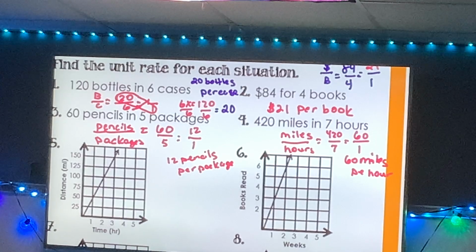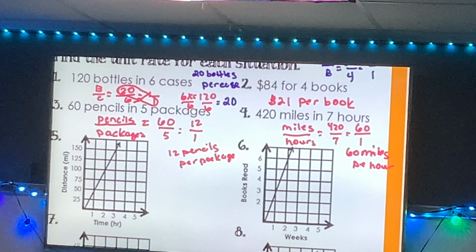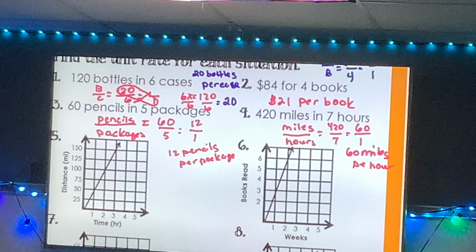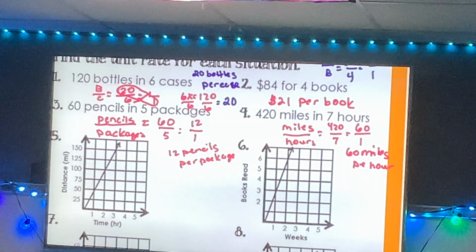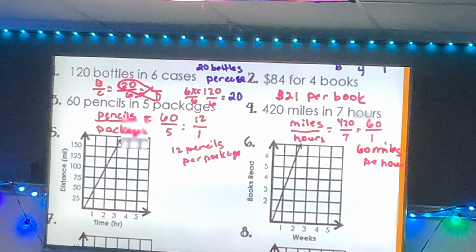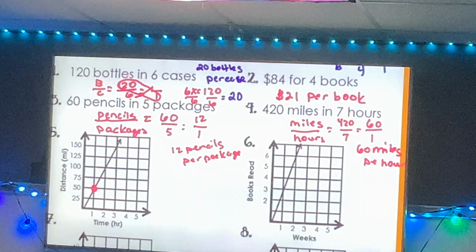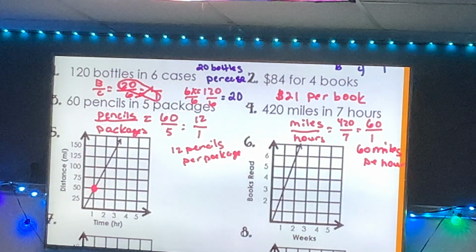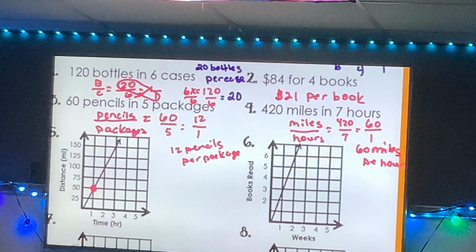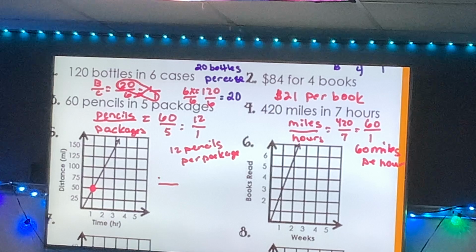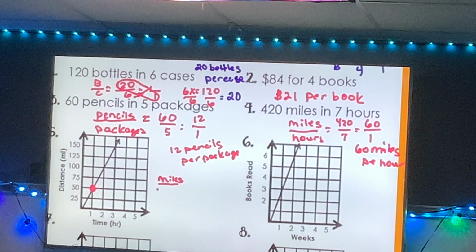Okay, so now we're going to what we do in here. We read graphs. Okay? So we want it per hour. And if it's not a pretty number, we would have to go up and then we would have to divide. But if I look at this right here, can I tell where that's at? Yeah. So we want miles per hour.